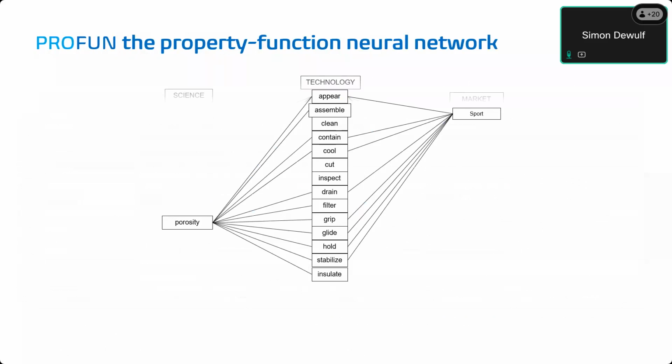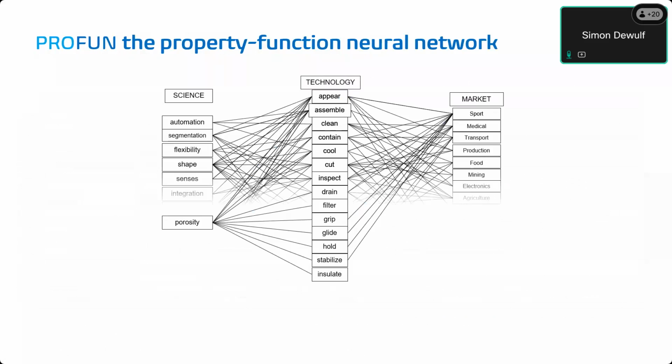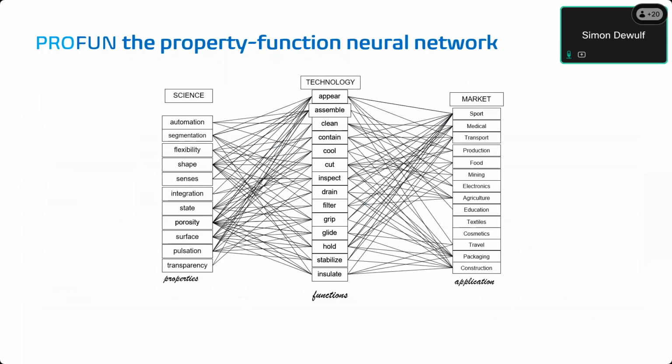And of course, if you look at in general, there's a whole list there, but there's even more than that. They all connect to functions, and these all connect to areas. So we can say properties are basically the science of things.